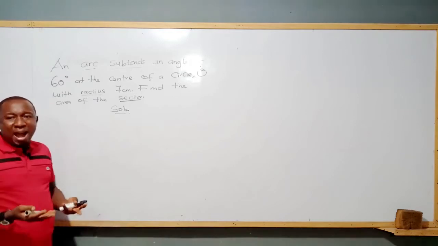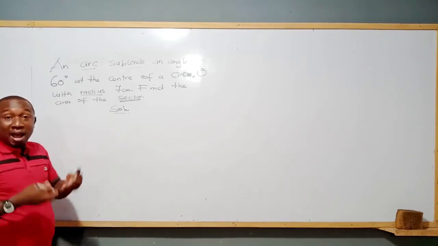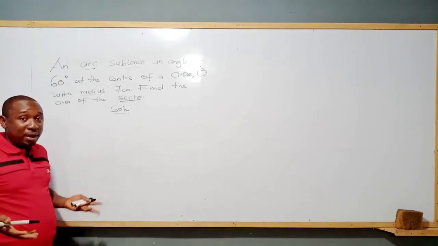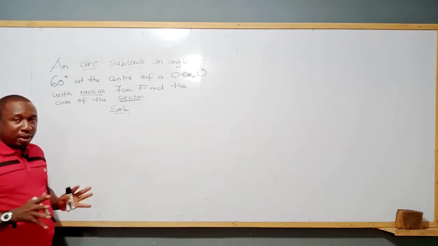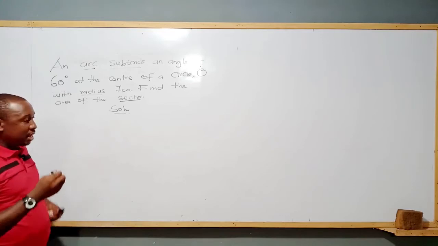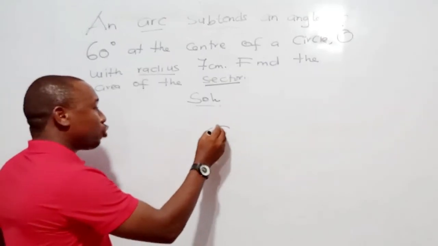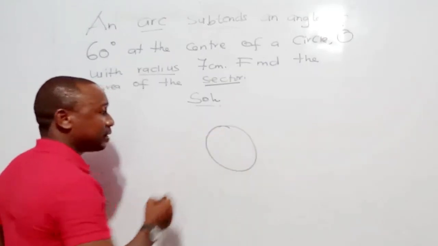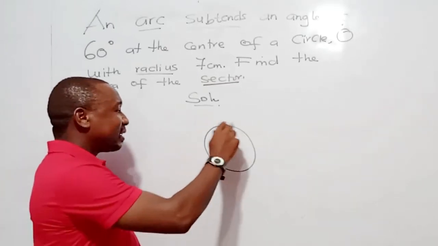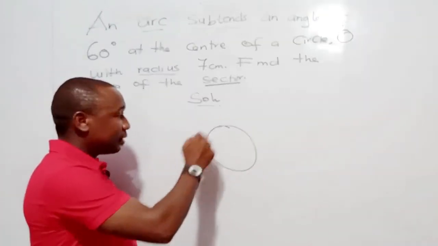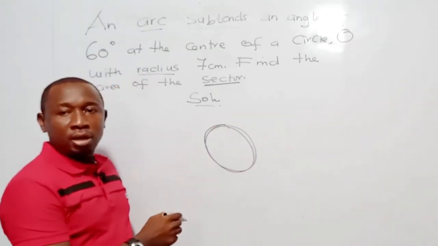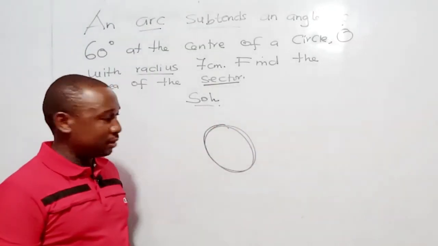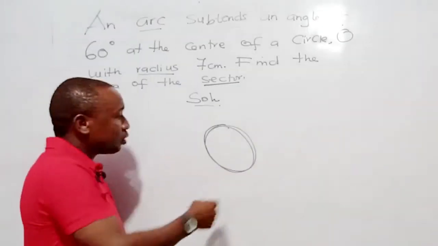What do we mean by an arc? An arc is any part of the circumference. For instance, if you draw a circle like this, the distance round this circle is what we call the circumference.